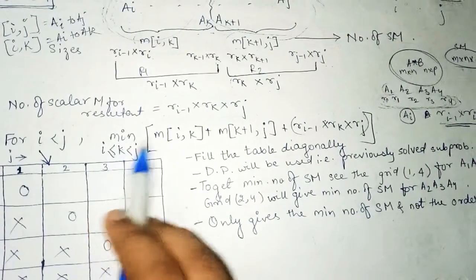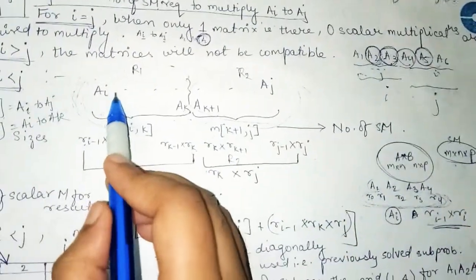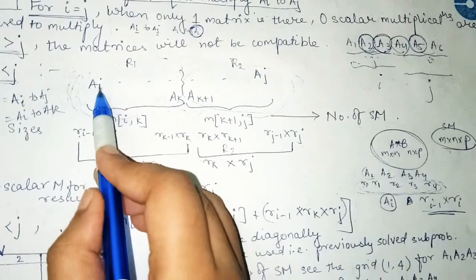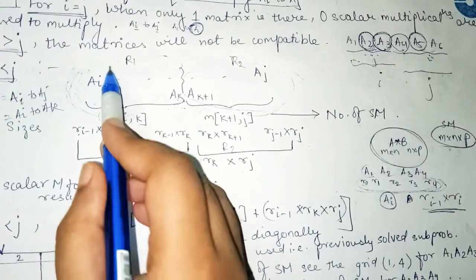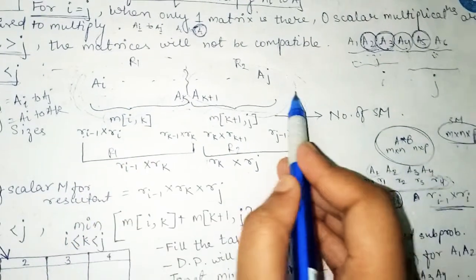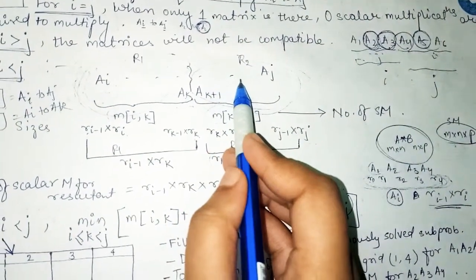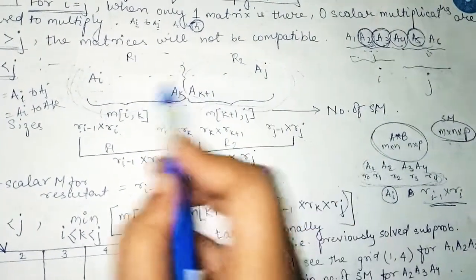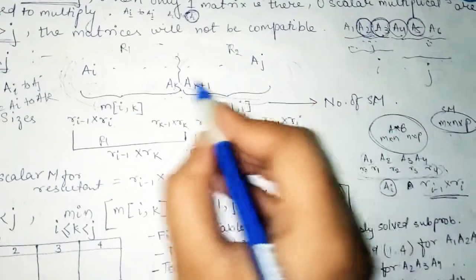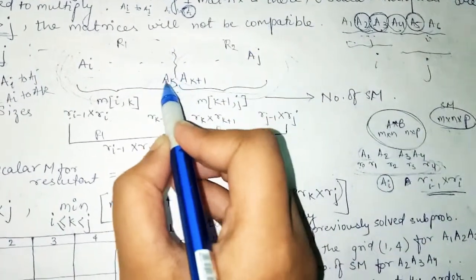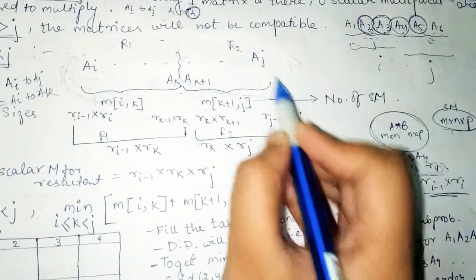So what is the limit of k, or the value of k can vary from i included. If I include i, then it gets divided as these, and if I include j, then it is not getting divided. It will get divided at the kth position, right? Ak will be on this side and k+1 on this side.